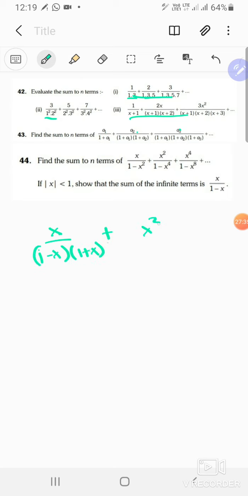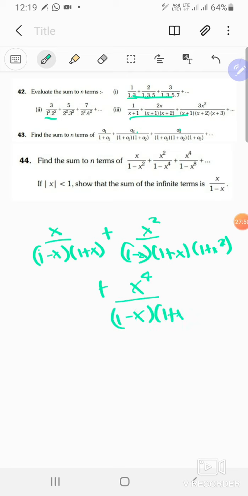Then you have x squared upon, you will see what I'm going to do, 1 minus x into 1 plus x into 1 plus x squared, plus x to the fourth upon 1 minus x into 1 plus x into 1 plus x squared into 1 plus x to the fourth. And you can already see the pattern that you have x squared over here and over here and x over here and over here, and it is almost like this thing, right? So yeah, that's a nice thing.